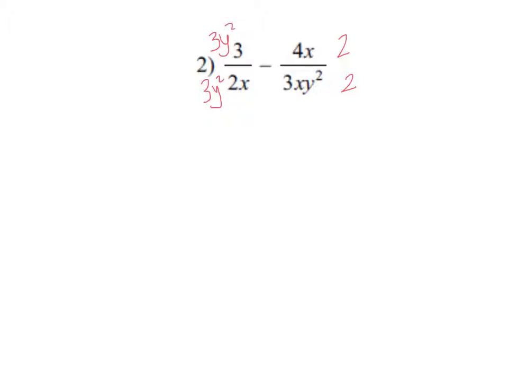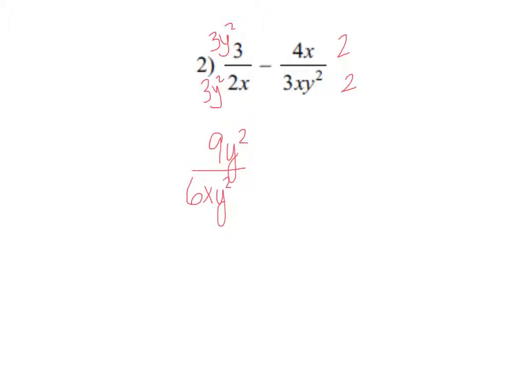All right, so once you've figured out all the stuff that you need, then you go ahead and multiply this out. So in my numerator here, that's going to get me a 9y squared. Minus, over here, whoops, let me put that over my common denominator. That's a 6, an x, and a y squared.